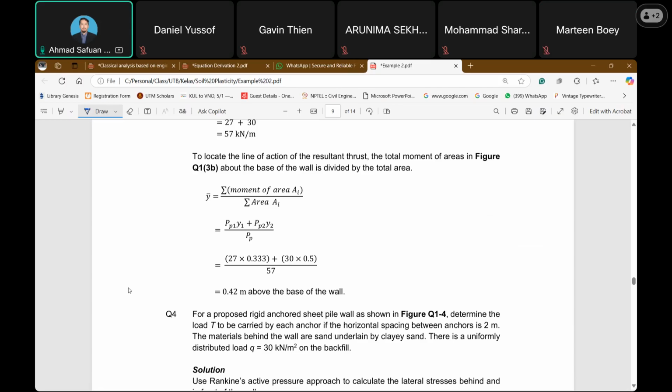Negative is the compression for the active, and for the passive, the negative is considered as the expansion. So it differentiates based on either active or passive. That's why we only consider the positive side only.